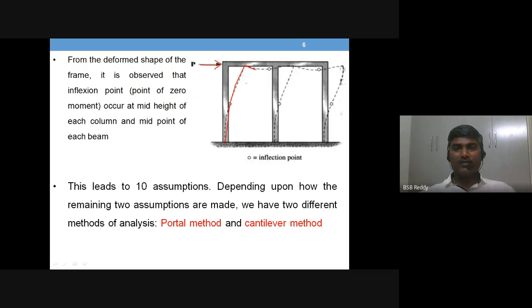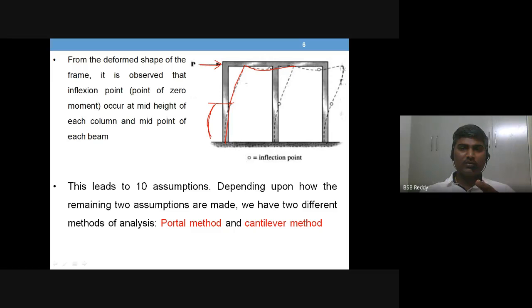Okay, and this is how the beam is going to deform. Now you observe here, this is the middle of the column. It is going to have bending outward.